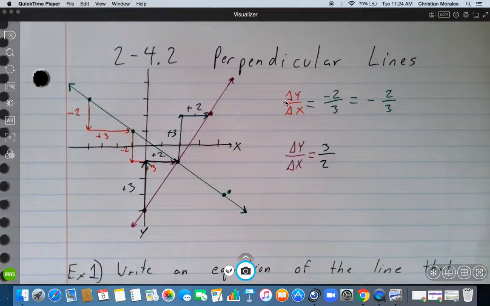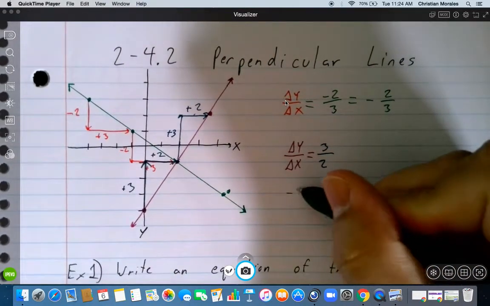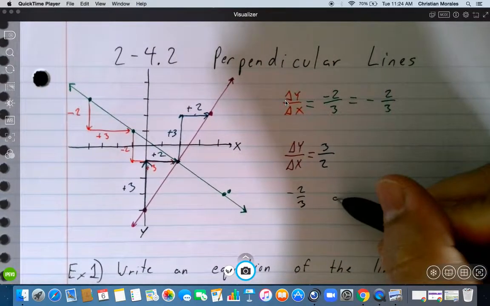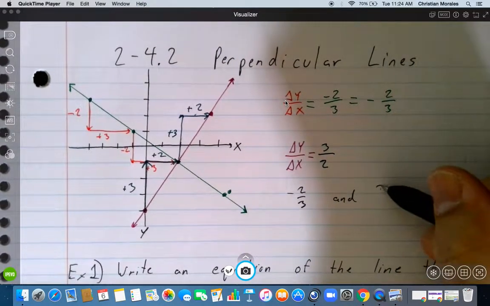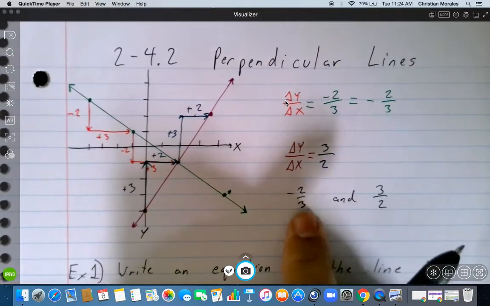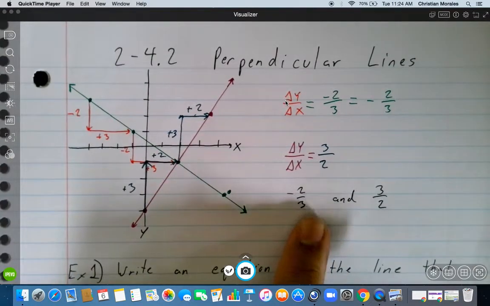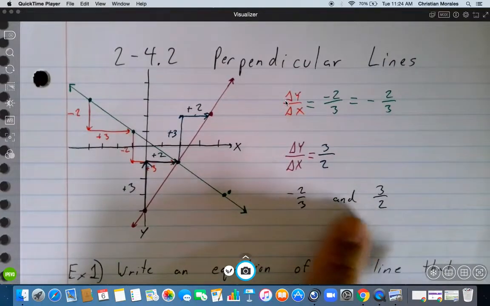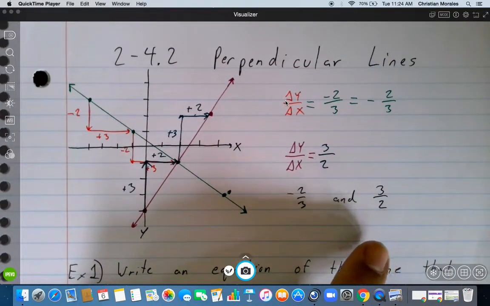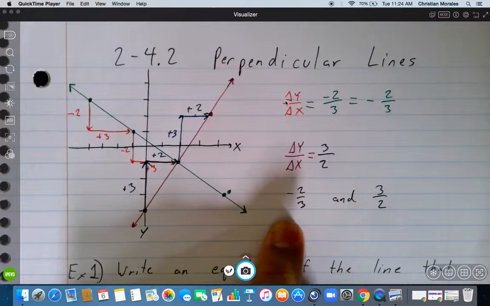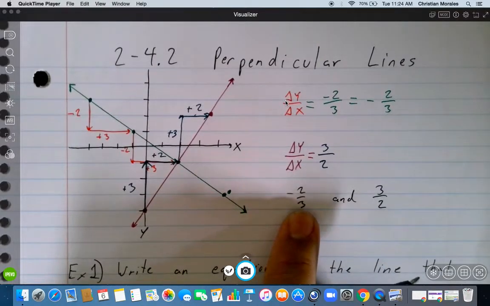Now let's compare them to each other. Let's write them out. So we have -2/3 and we have 3 over 2. What do we notice about these slopes? Well, they have the same numbers, but not in the same place. It's flipped. So 2 over 3 becomes 3 over 2. We call this a reciprocal. So what you see is the same numbers, but flipped.